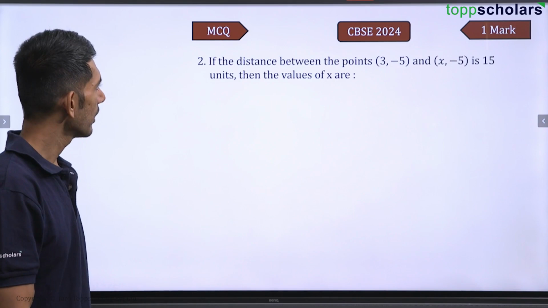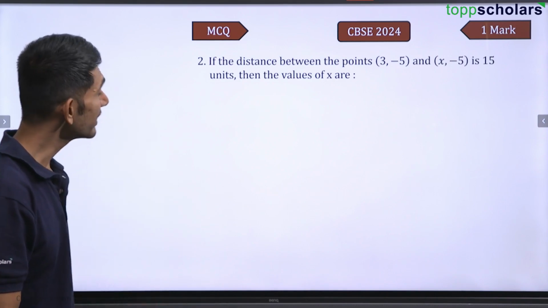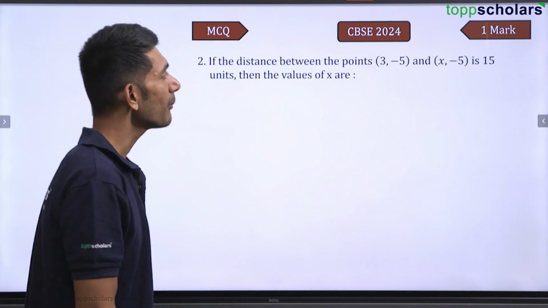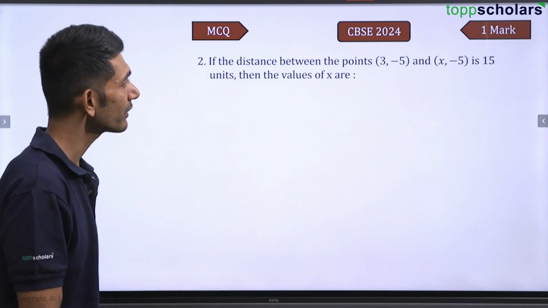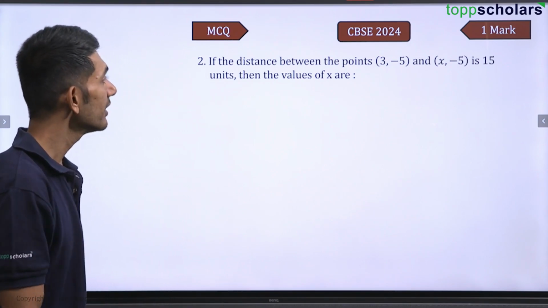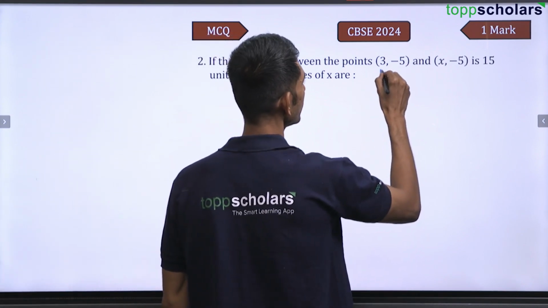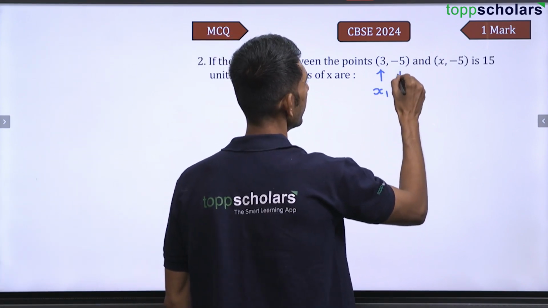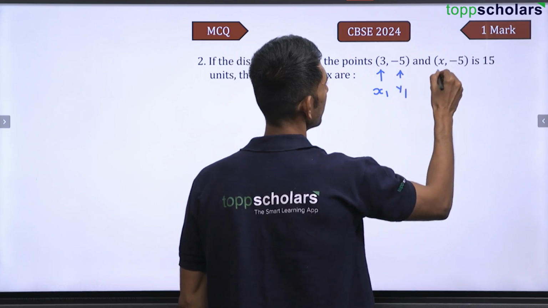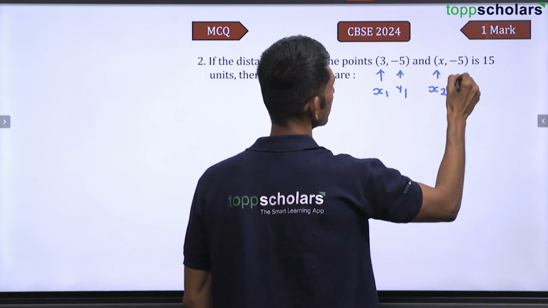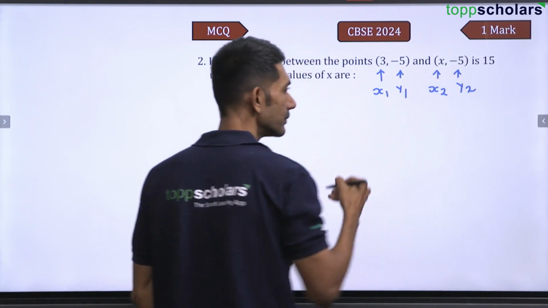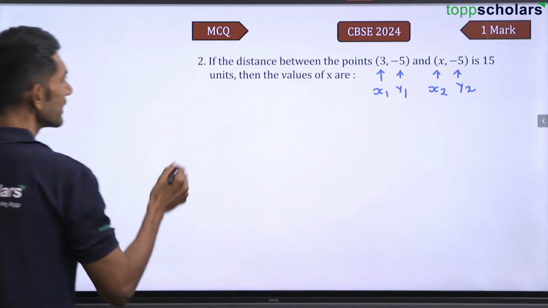Perfect. Okay. Now the question says if the distance between the points (3, -5) and (x, -5) is 15 units, then the values of x are, okay, interesting question. So this you can take as (x1, y1) and this you can take as (x2, y2), correct? And the distance is given as 15.